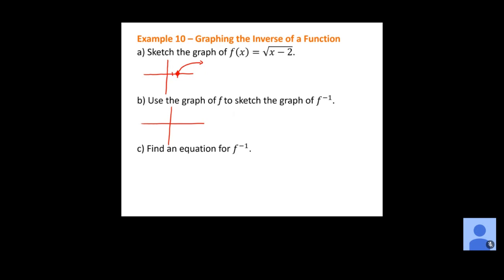Where would it start? Let's start with that point. Okay, it's going to start on the y-axis instead of the x-axis. Right? And specifically, it's going to start at what point?